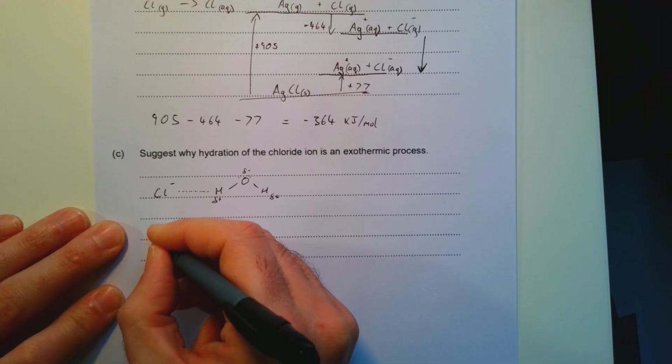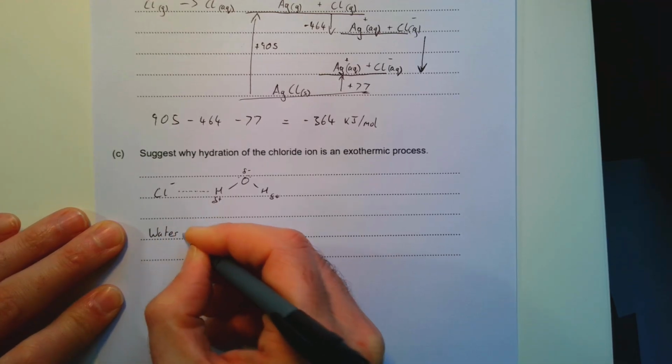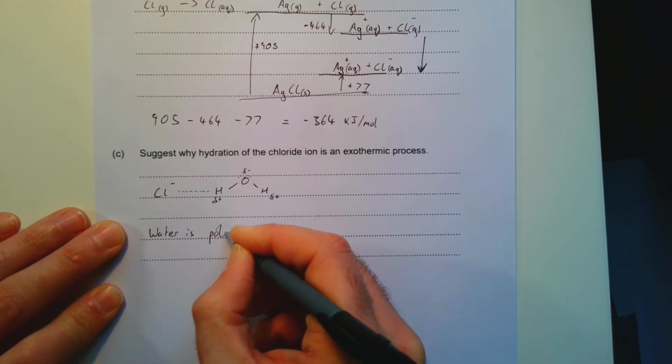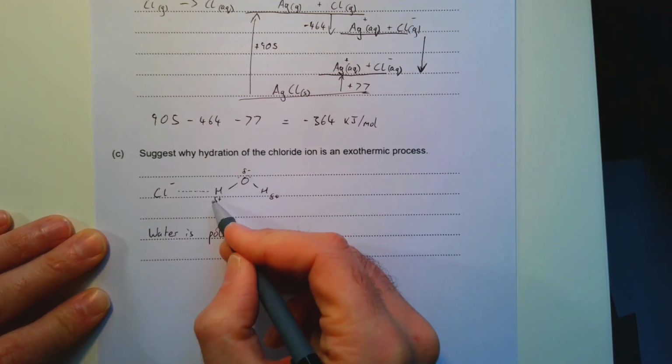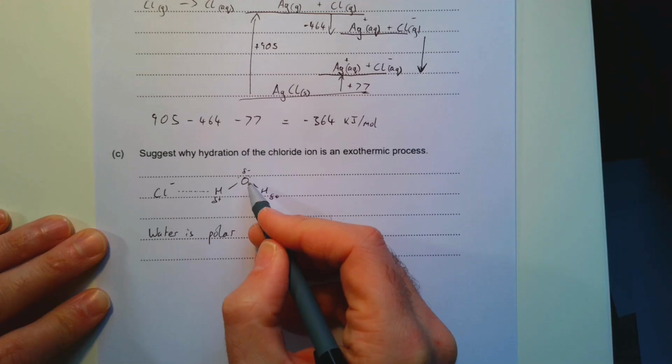pick up all the marks. We can say water is polar. Right, that's just describing this delta minus, delta plus bond that arises from oxygen's high electronegativity.